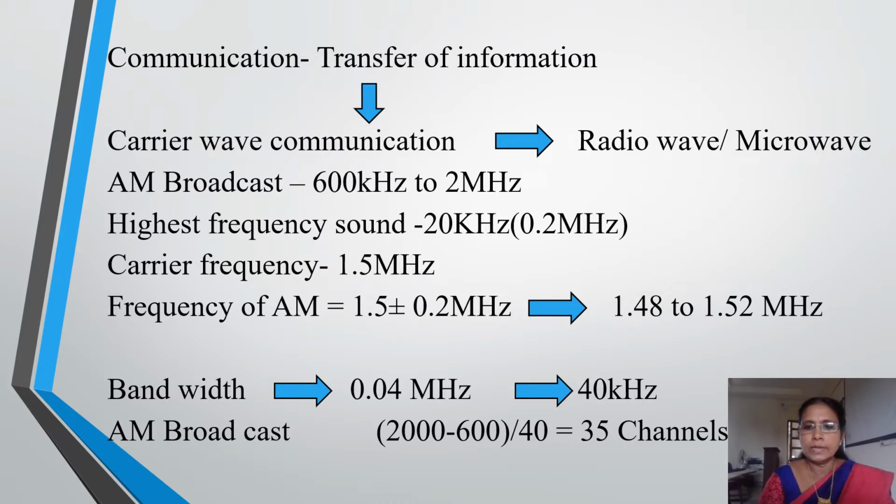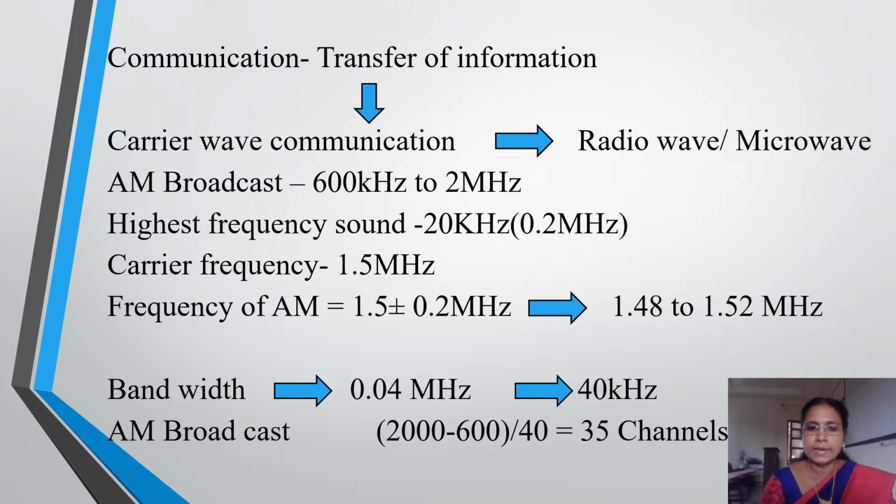So this range 1.48 to 1.52 megahertz, its bandwidth is the difference between 1.52 and 1.48. That is 0.04 megahertz or it is 40 kilohertz.